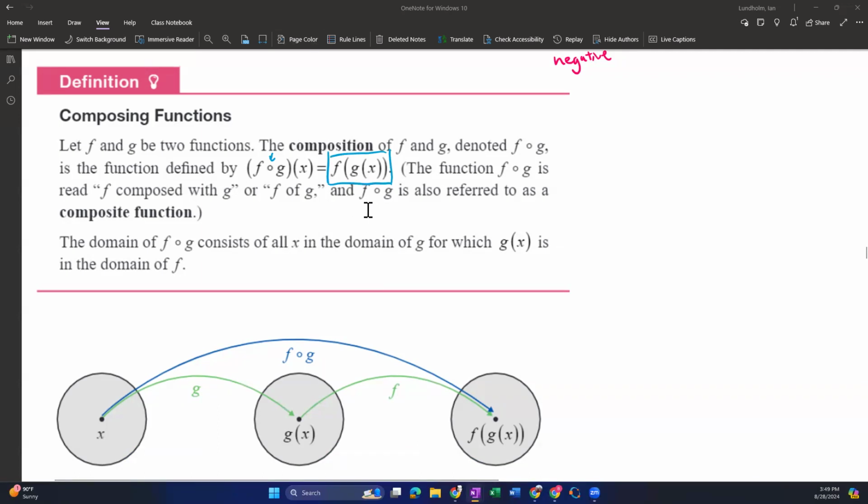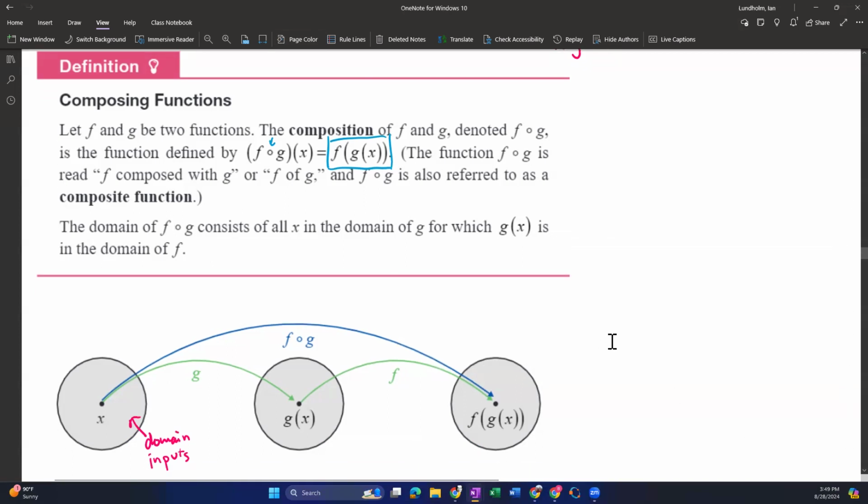So if we were going to look at the set diagram down below, this is our first domain. These are our inputs down at the bottom. Those are the X values that we're throwing in. g acts on those X values in some way and outputs something called g of x.